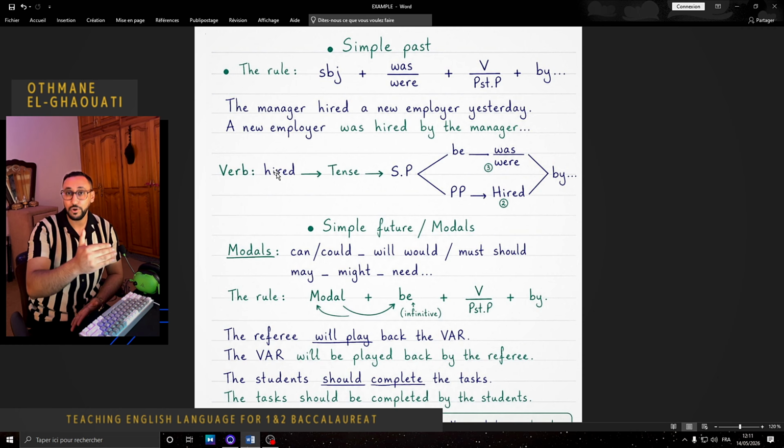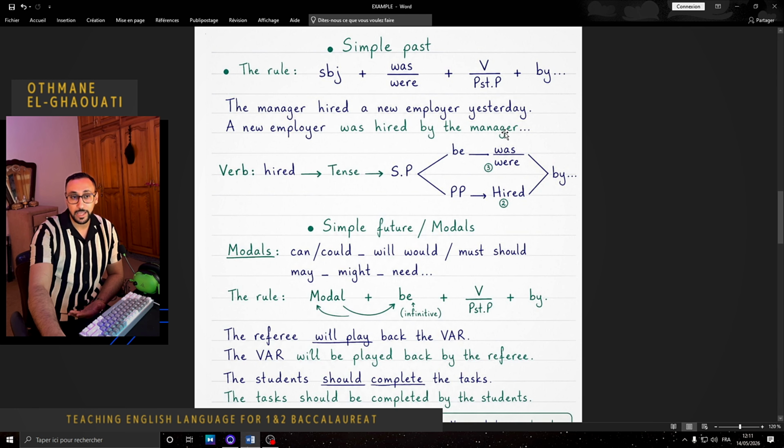And then the verb that you found in the beginning of the active form, you must transform into the past participle. Then it comes by, and add the agent, which is the subject at the beginning. This is for the simple past. So it becomes: a new employee was hired by the manager.